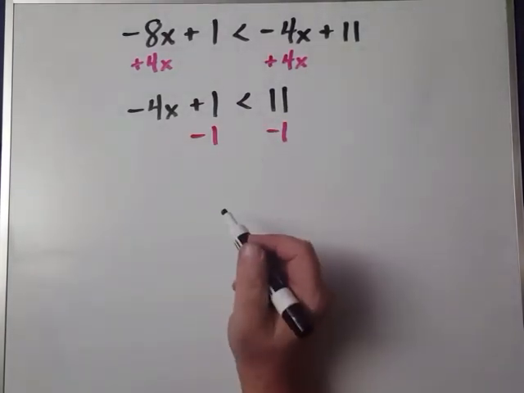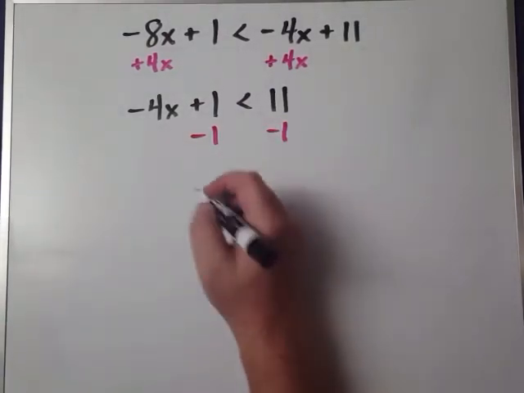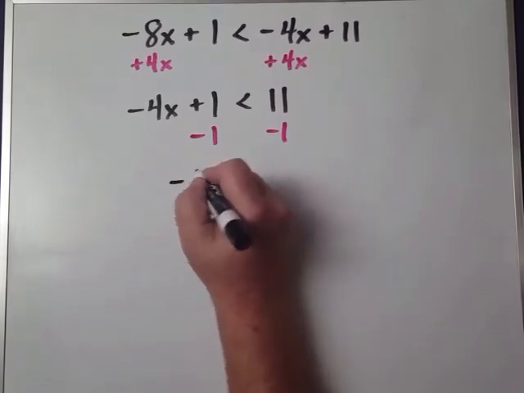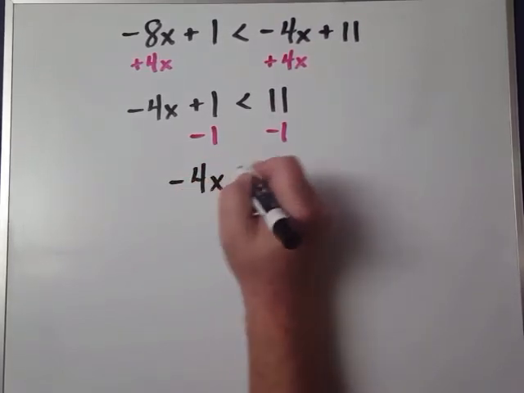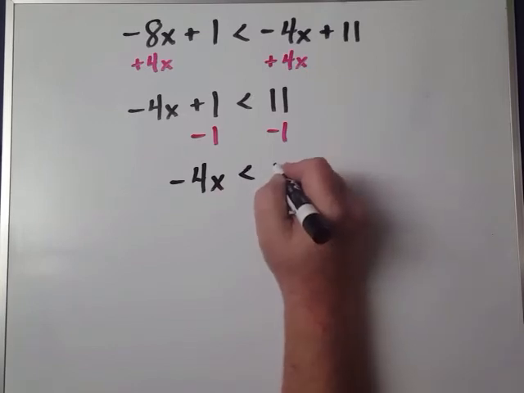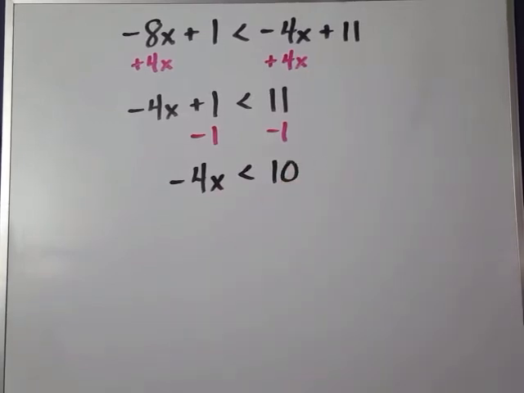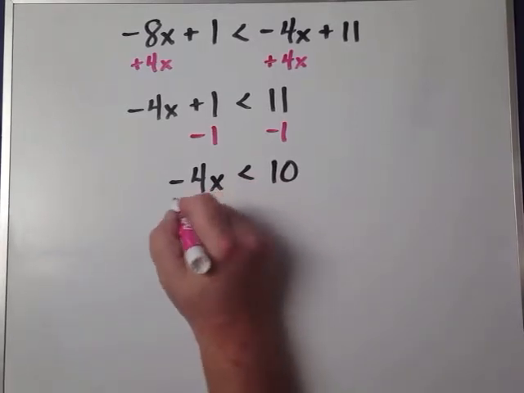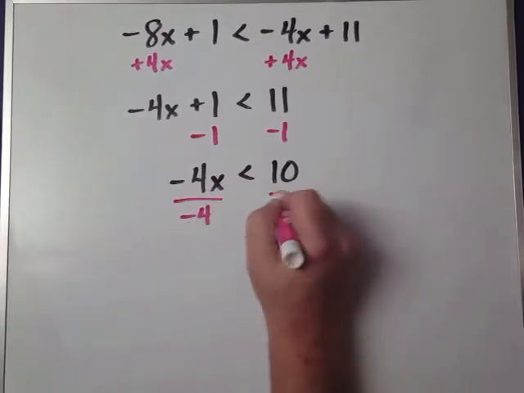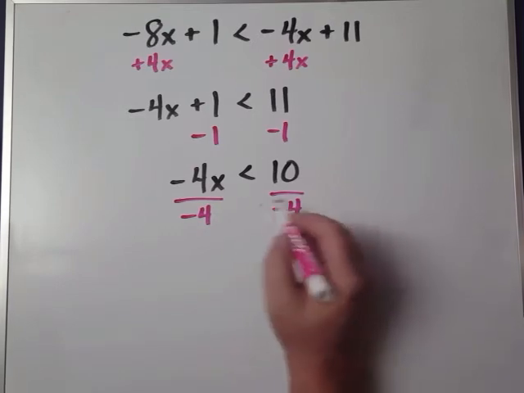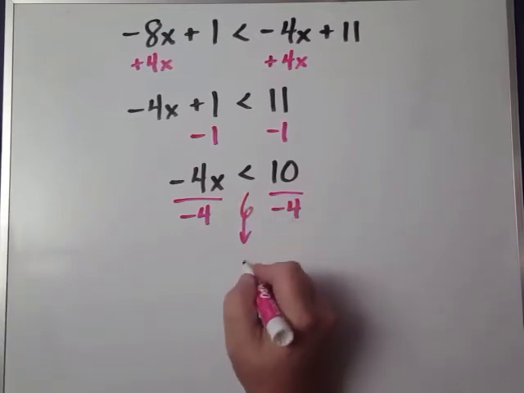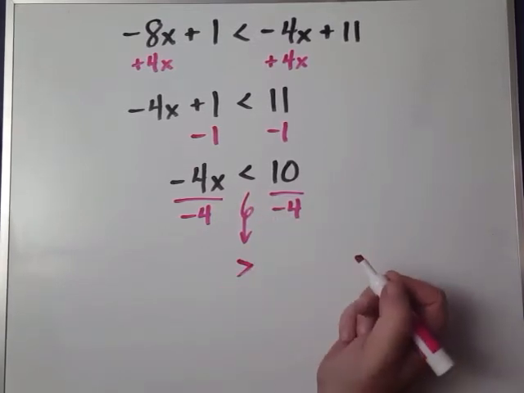We're not multiplying or dividing, that's just a subtraction, and so we leave our inequality symbol alone. It remains less than. And divide both sides by -4. Now we're dividing by a negative. That means I've got to turn my inequality symbol around.